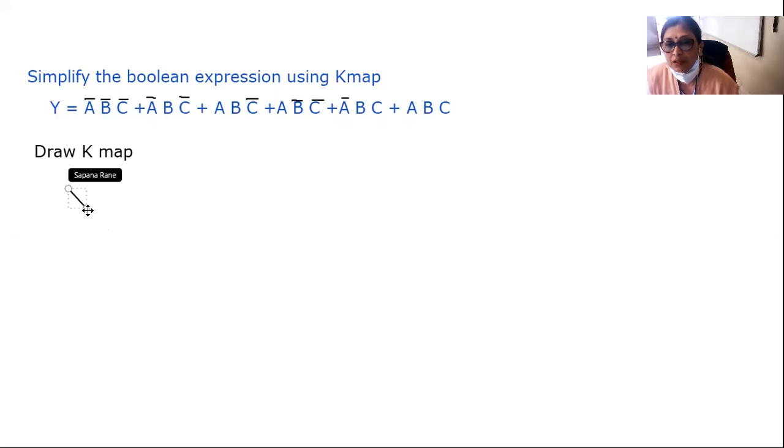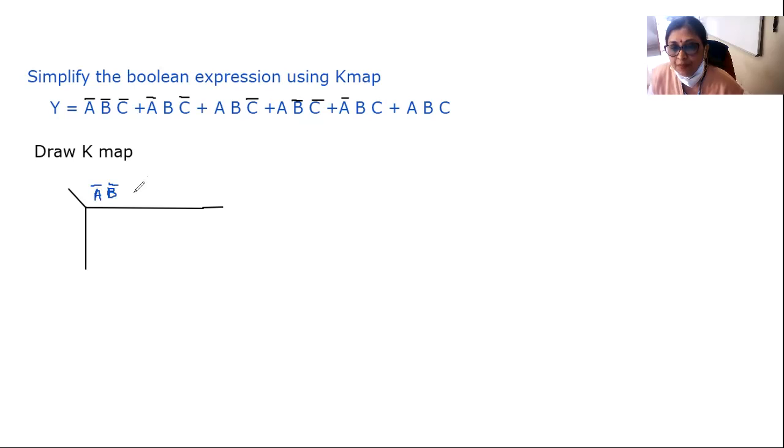Okay. So in order to draw this K-map, here there is no need of writing 0001, etc. Directly you can write it as A bar, B bar.